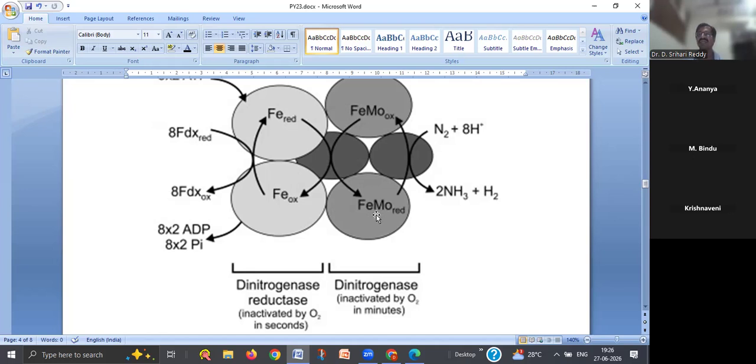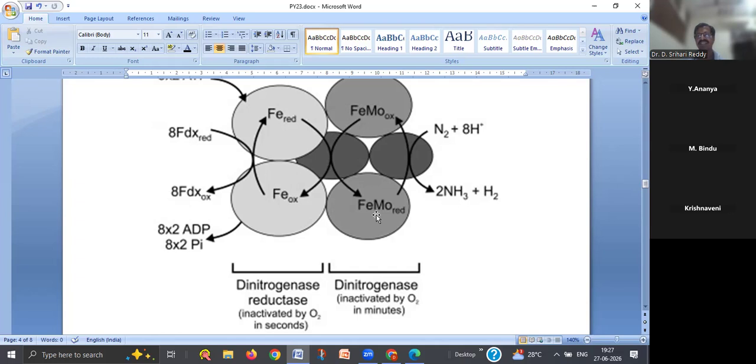So that's why there is one pigment called leghemoglobin, which is present in the root nodules, because it readily binds the oxygen. This leghemoglobin has affinity to bind the oxygen molecule. So it prevents the oxygen from entering inside the legume root nodule cells.